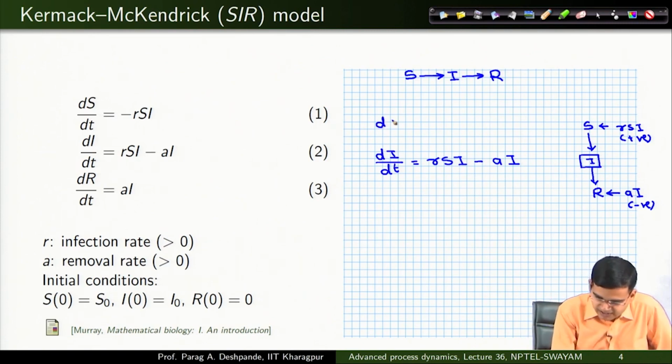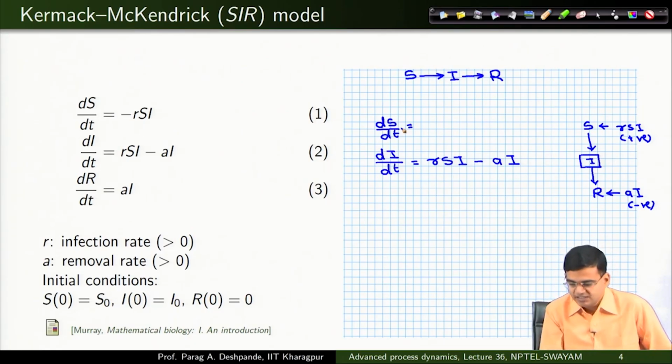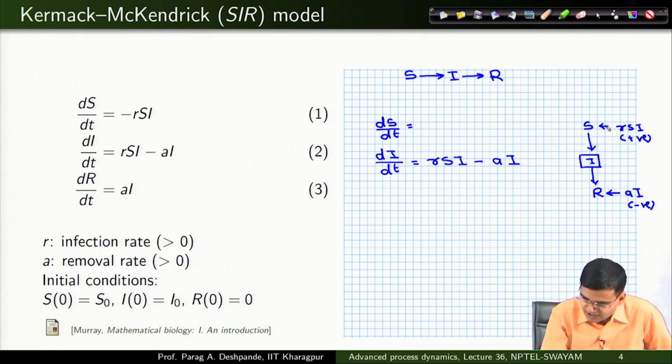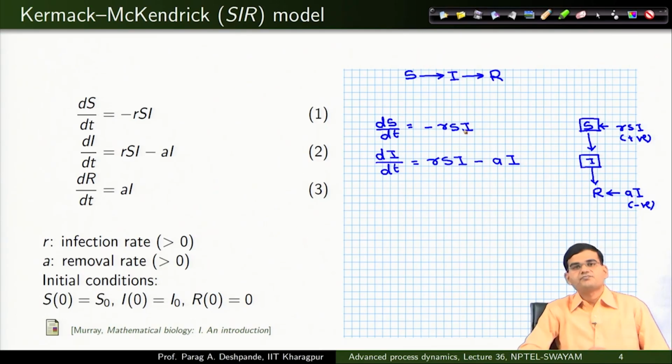So, if these are the only flows in the system, then it is not very difficult to see that I can write dS/dt is equal to what? S is going to I. So, this quantity, which is positive for the arrow going from S to I, would become negative for S. So, it would become minus R S I. I am simply following the arrows and writing the equations.